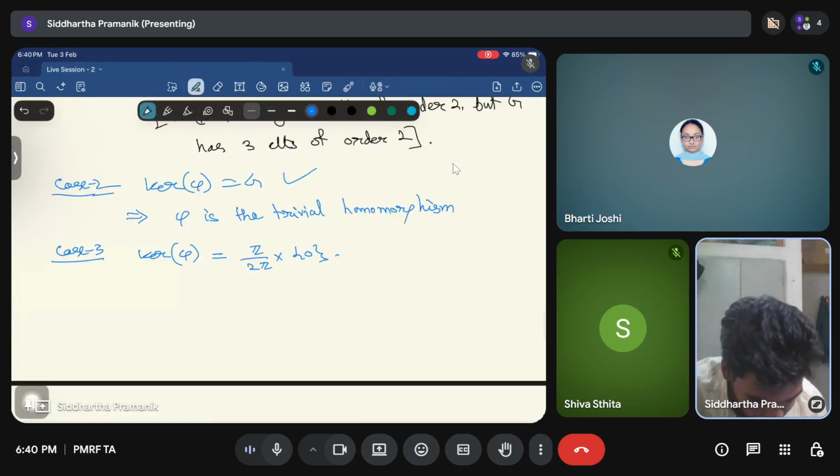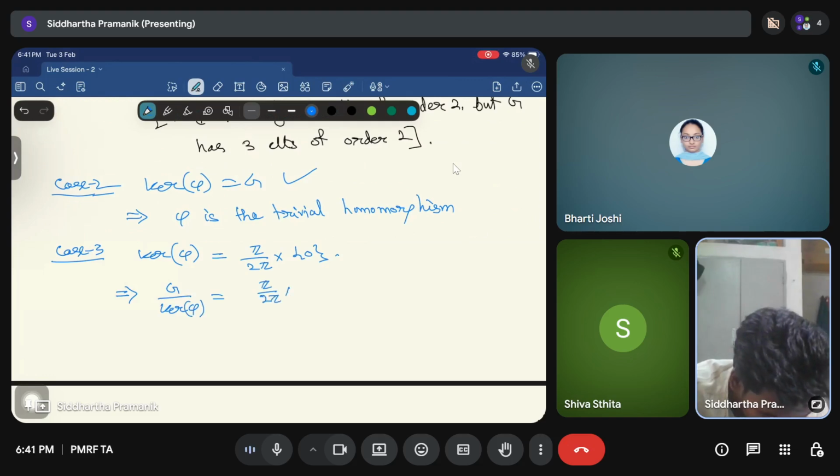If this is the kernel, then G mod kernel phi is Z mod 2Z cross Z mod 4Z modulo Z mod 2Z cross 0, and this is basically Z mod 4Z.